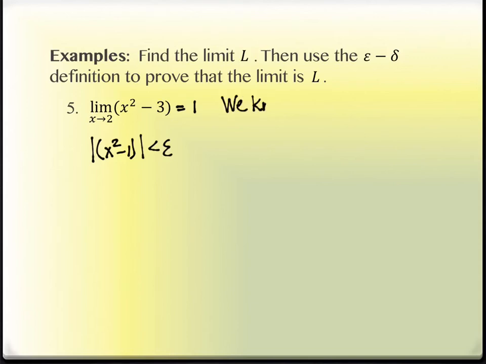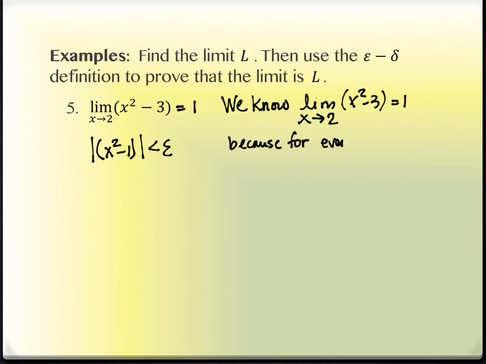We can actually write the first part we just said. We know that the limit as x approaches 2 of x squared minus 3 is equal to 1 because for every epsilon greater than 0, there exists a delta, I don't know what it is, I'm going to find it in a second, such that.